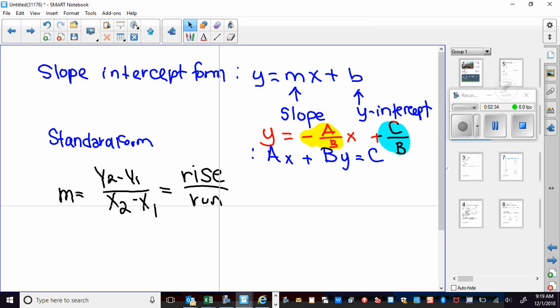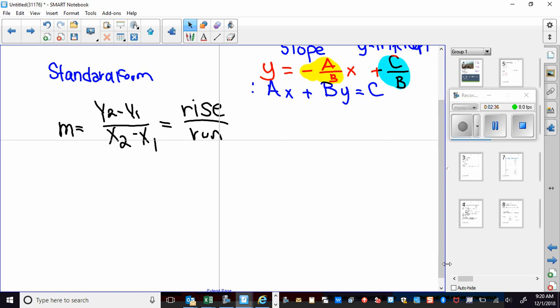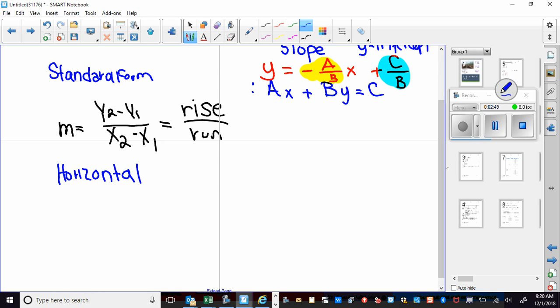We also want to be mindful of the equations and the slopes of horizontal lines, as well as vertical lines. The equation of a horizontal line is y equals some number.